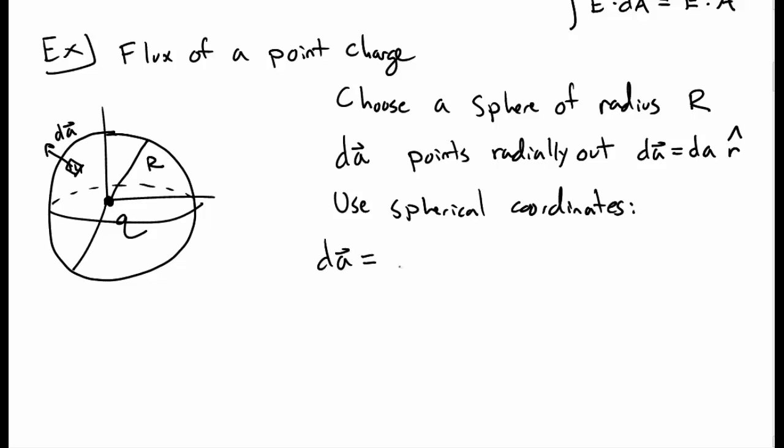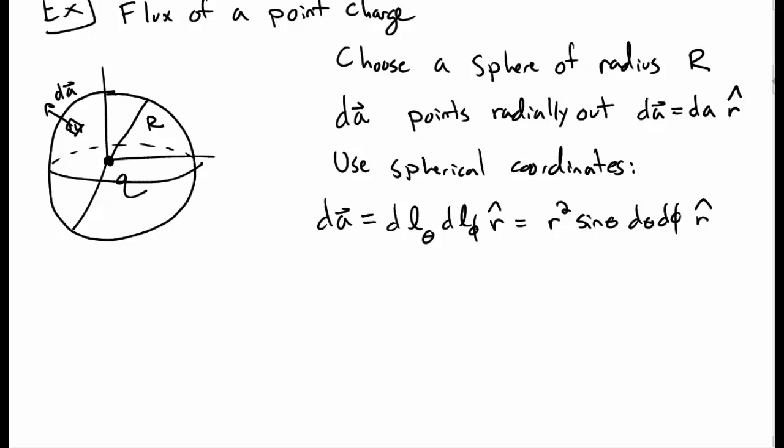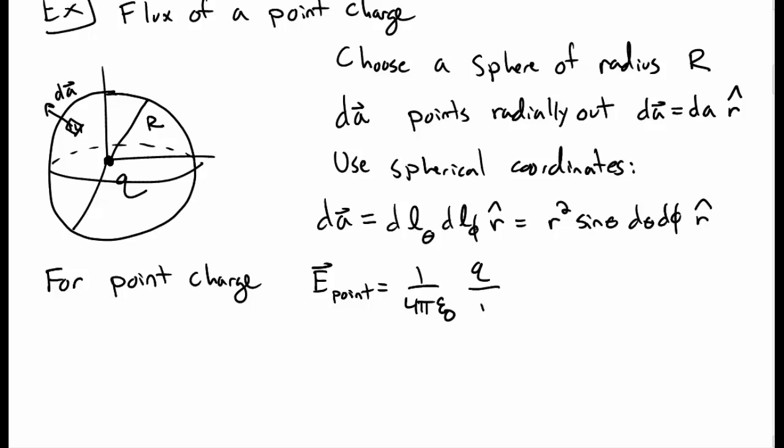So we can write dA as dl in the phi direction times dl in the theta direction, or r squared sine theta d theta d phi, and it still points in the r hat direction. If you recall, for a point charge, the electric field E is 1 over 4 pi epsilon naught q over r squared r hat.